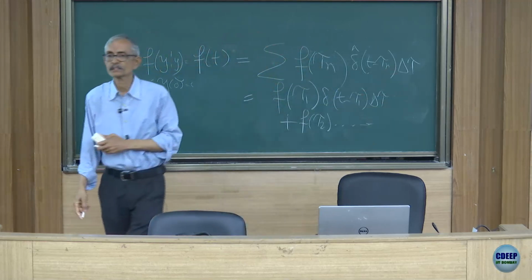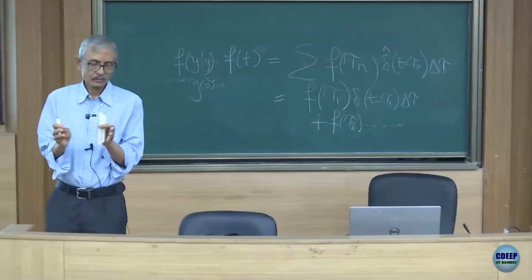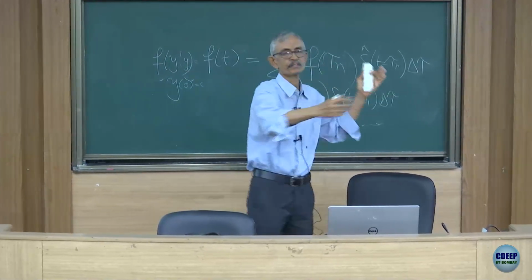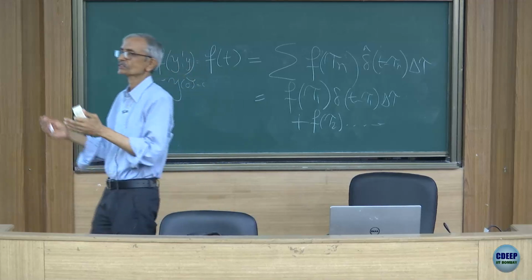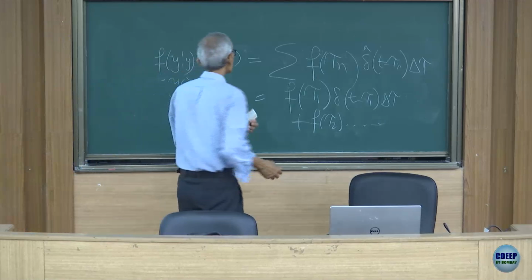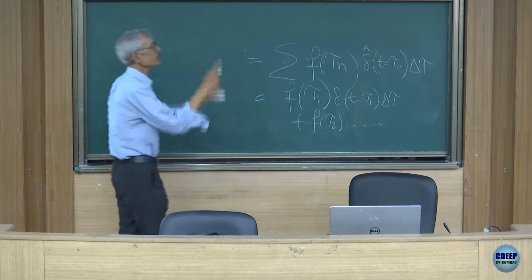So that's what has been written up there. Okay. So this function which was there is now represented as a sum of infinitely large functions on the right hand side.